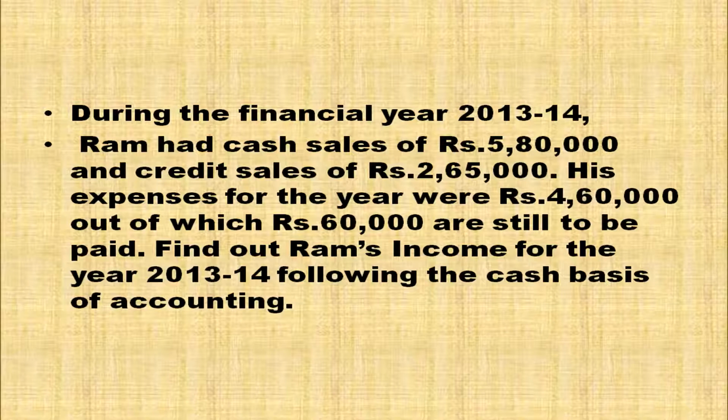His expenses of the year were rupees 4,60,000, out of which 60,000 are still to be paid. So, whatever is paid and whatever is received only will be considered in cash basis of accounting. And find out RAM's income for the year 2013-14 following the cash basis of accounting.